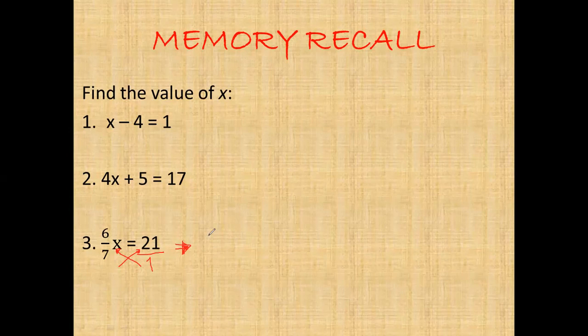Now if we cross multiply, we have there 6x equals 7 times 1 is 7, 21 times 7 is 147. So if we simplify further, divide 6 to the left hand side, so you have now x equals 147 divided by 6.